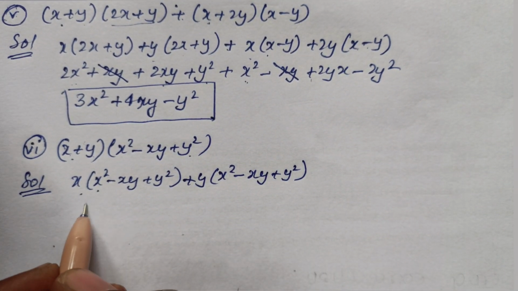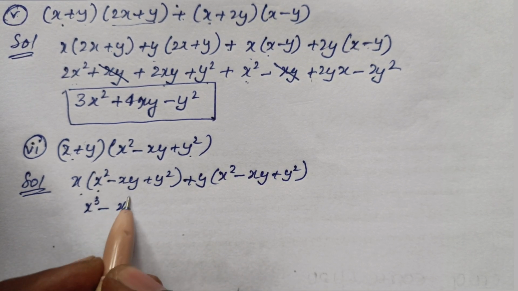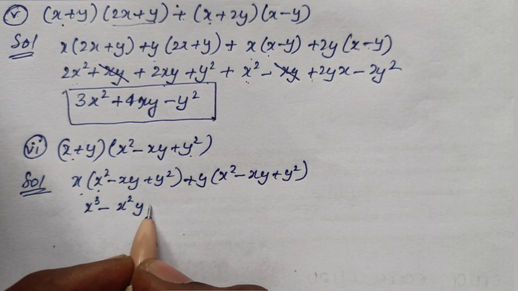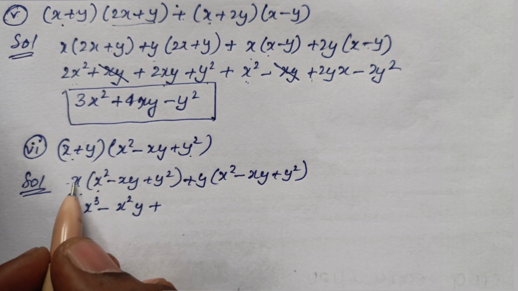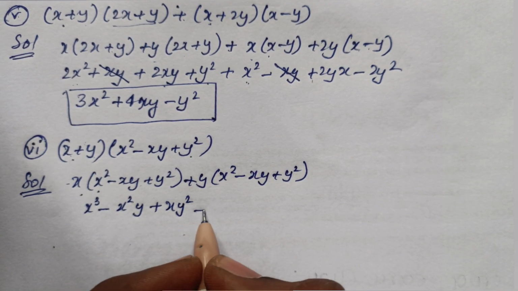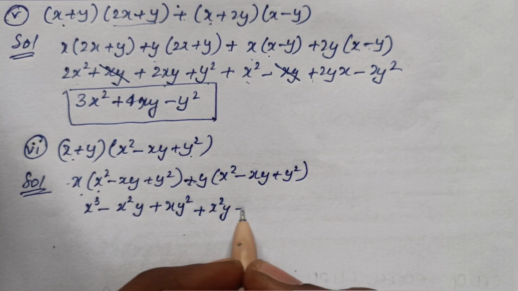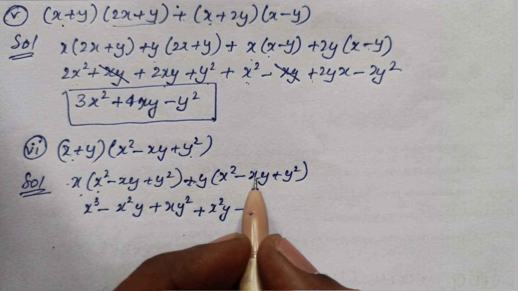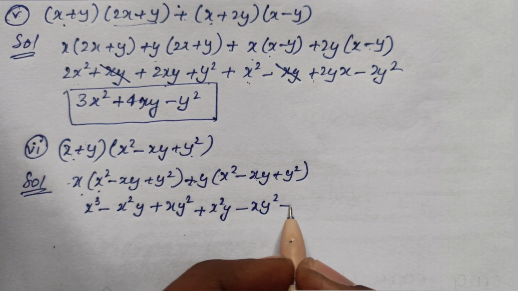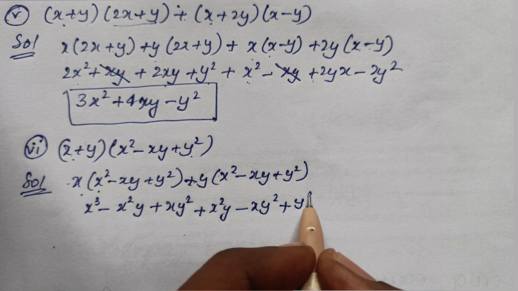So x into x square is x cube, minus into plus is minus, x into x is x square, there is no y, we consider 1, y into 1 is y, so minus x square y. Plus into plus is plus, x into y square is xy square. Again plus into plus is plus, x square y, plus into minus is minus, y into x is xy, y into y is y square, plus into plus is plus, y into y square is y cube.